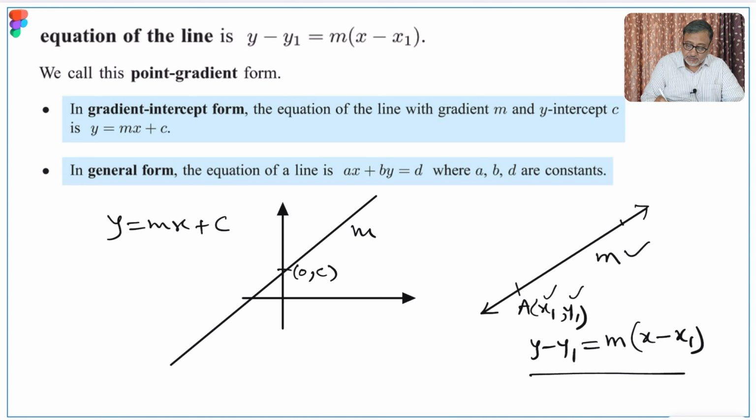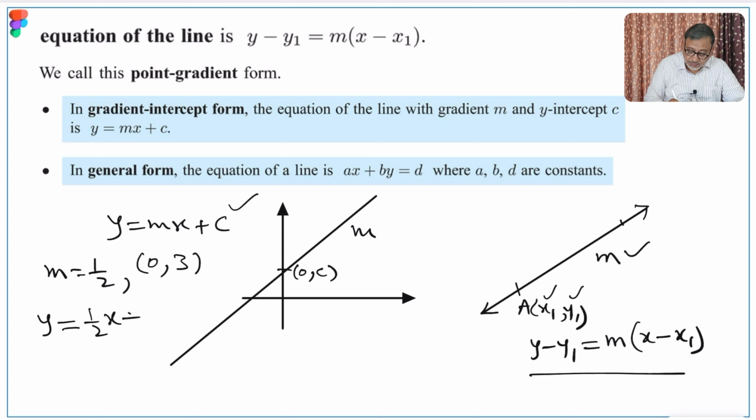Now this form and this form both together can be simplified, and we can write the general form in this way. So suppose you have gradient m is equal to 1 by 2 and the point is 0 and 3, then the slope intercept form or gradient intercept form will be y is equal to m, which is 1 by 2, into x plus c, which is this 3, the y-intercept.